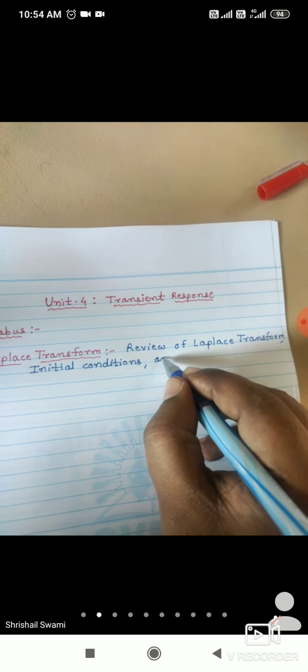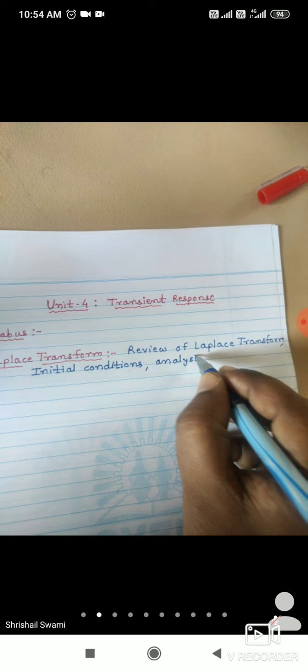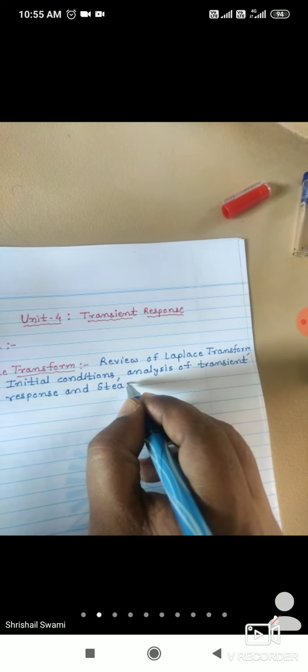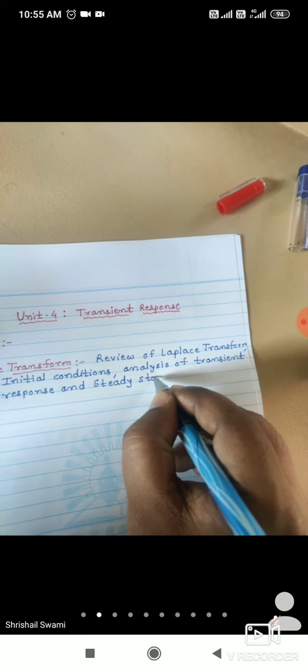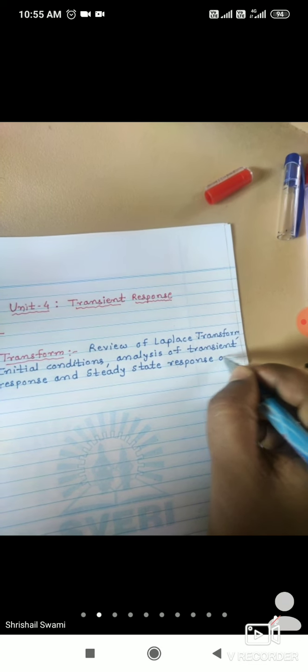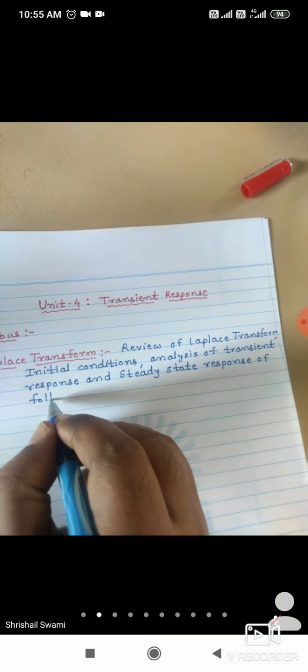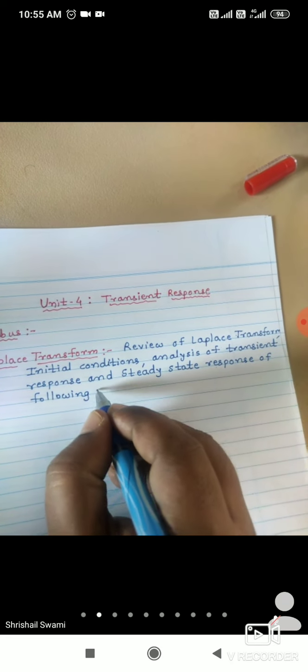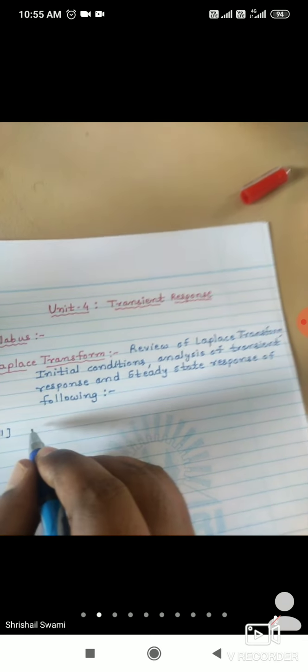analysis of transient response and steady state response of the following. First of all, we are learning the RL circuit.